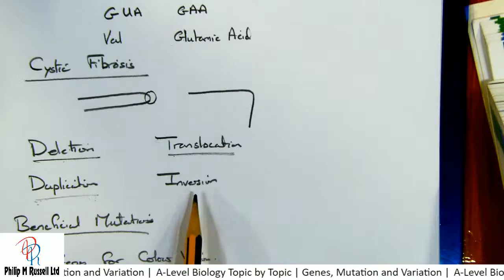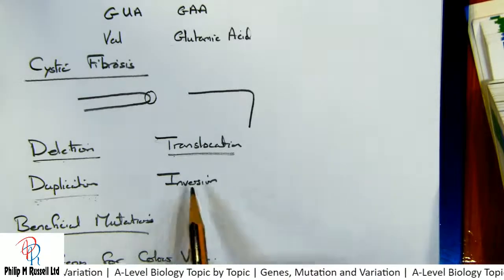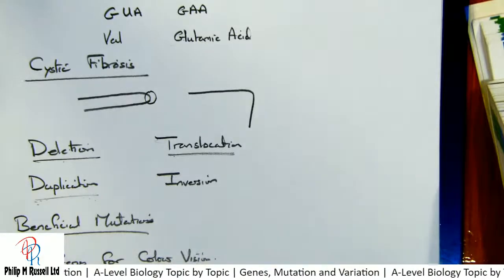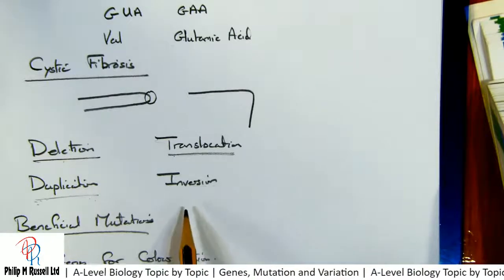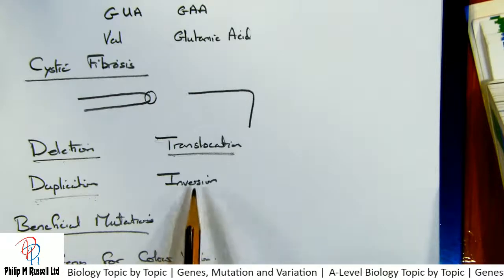I can't see that really ever that inversion is going to be useful, but it might just have a little bit of serendipity and produce some sort of beneficial mutation, but probably not.